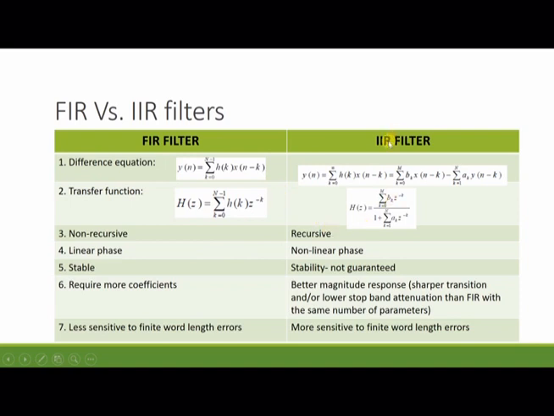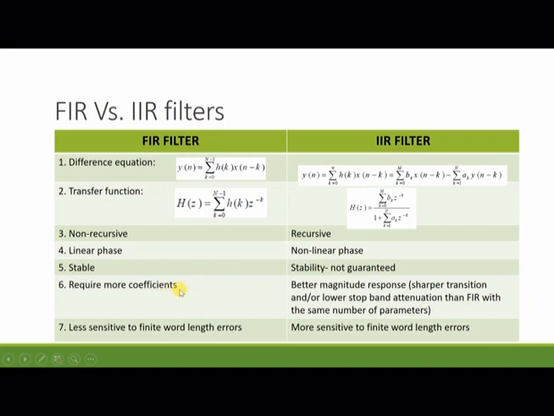Whereas since an IIR filter is a pole-zero filter, careful design of this filter is needed, such that poles of this system will not go outside the unit circle, and that is why stability cannot always be guaranteed.